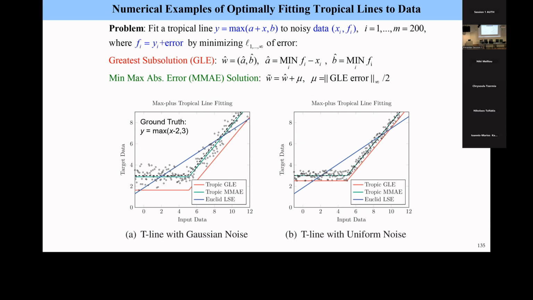We are given data with noise, either Gaussian noise or uniform noise, of data around a line that bends on the plane.